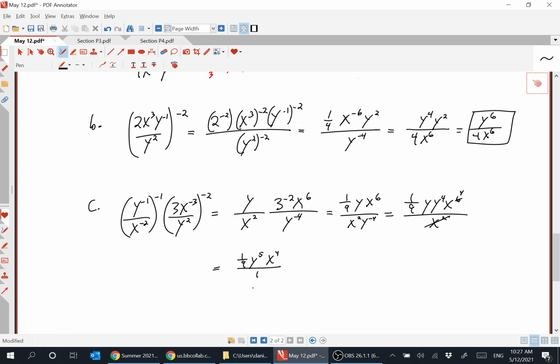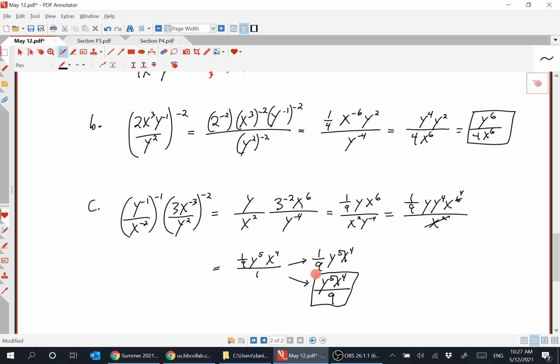So instead of putting it over a 1, you could just leave it out. I kind of like this as an answer. But another way you could write the answer would be y to the fifth, x to the fourth over 9.